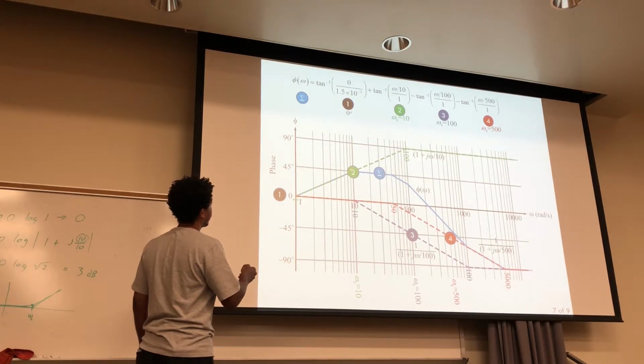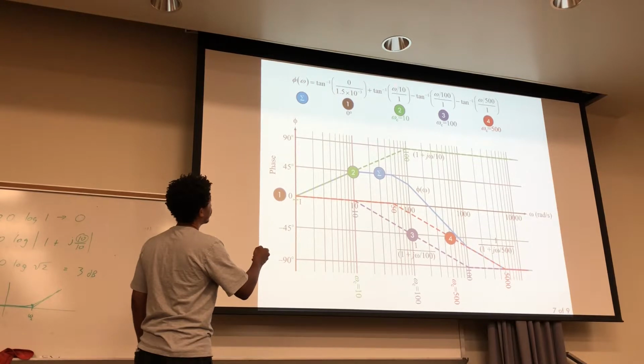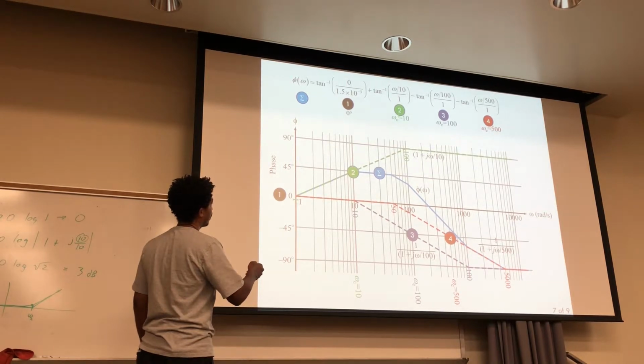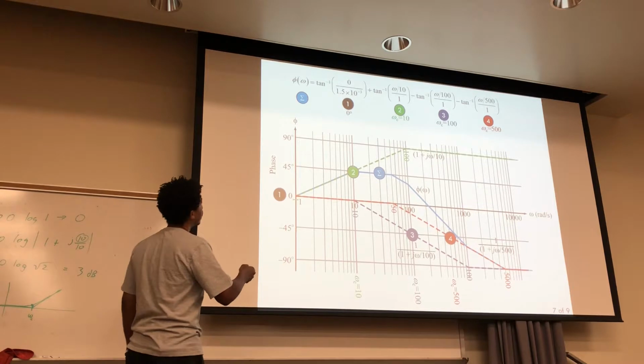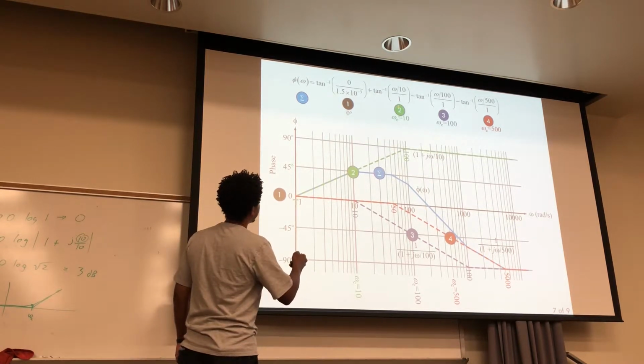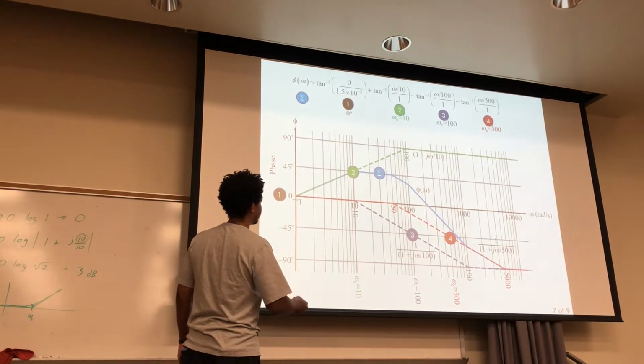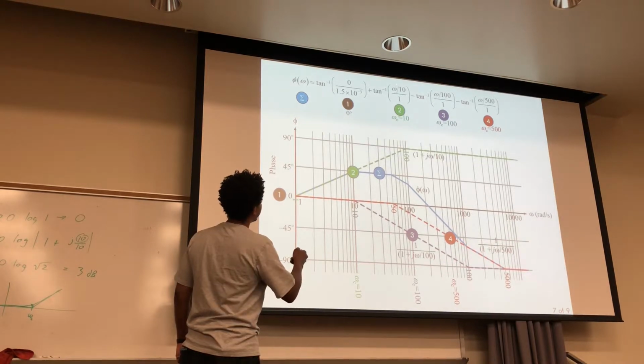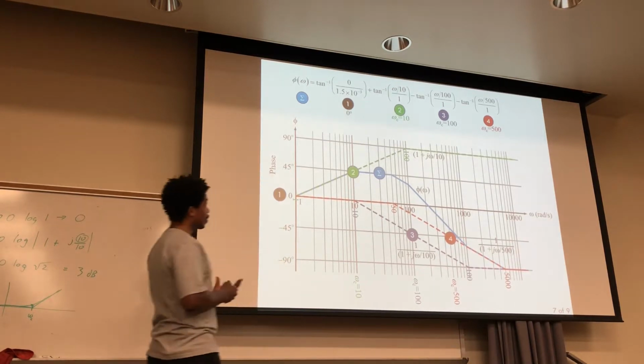Okay? And then as omega gets smaller, you have inverse tangent of a very small value. And so you could approximate that curve as this part right here, going to 0. And if you look at what happens when omega is 100, if you put inverse tangent of this whole thing becomes 10, then you get something very close to 90.